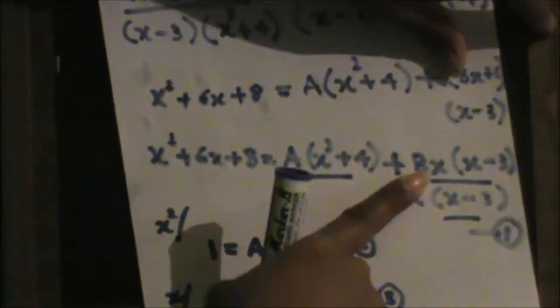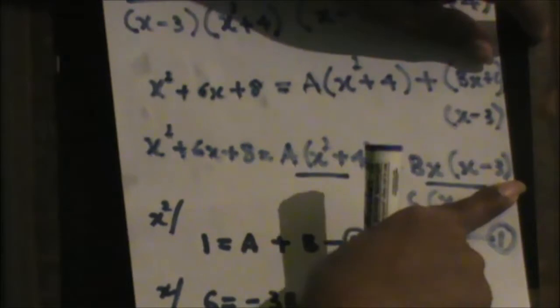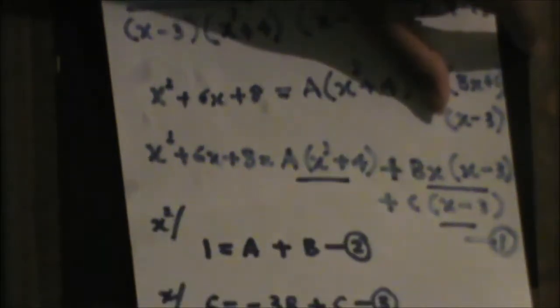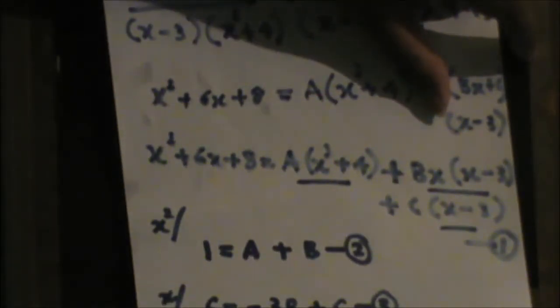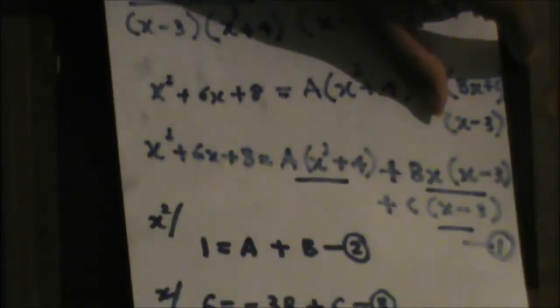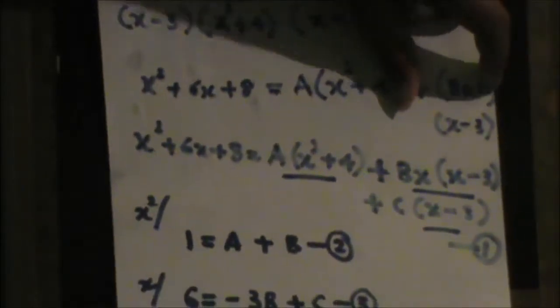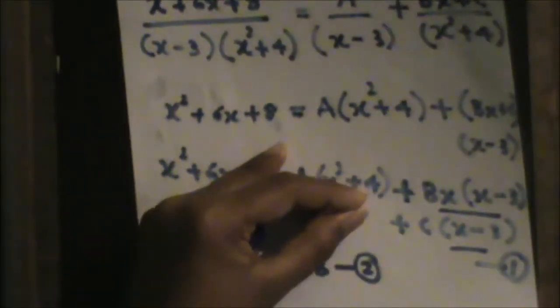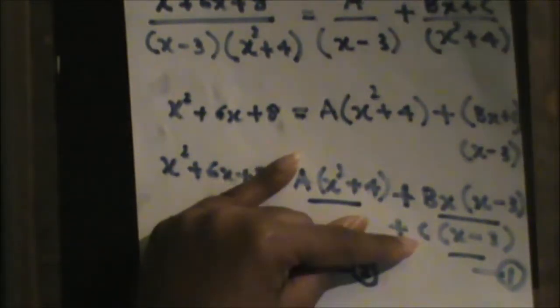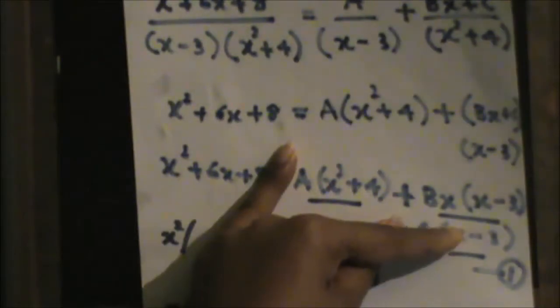And since we have x inside the b term, we will not get a constant from it, because when we multiply x by any term, we will not get a constant. And in this term, when you multiply c by minus 3, you will get another constant, which is minus 3c.